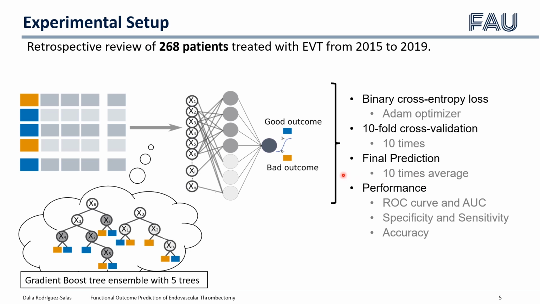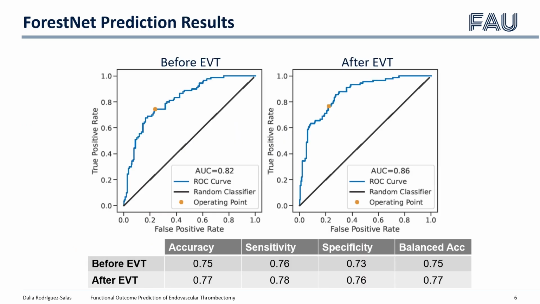To measure the performance, we estimated the ROC curve and the AUC, and once the operating point was fixed, we estimated the specificity and sensitivity, and finally the accuracy. Here are the ForestNet prediction results. Before EVT, an AUC of 82 is achieved, which is reasonably good.